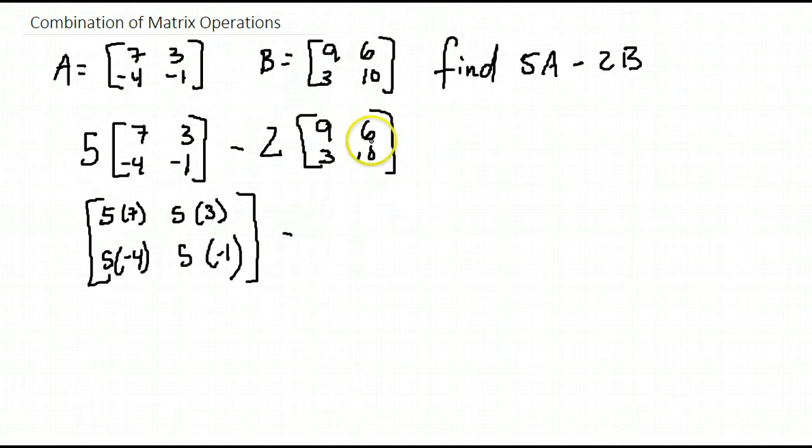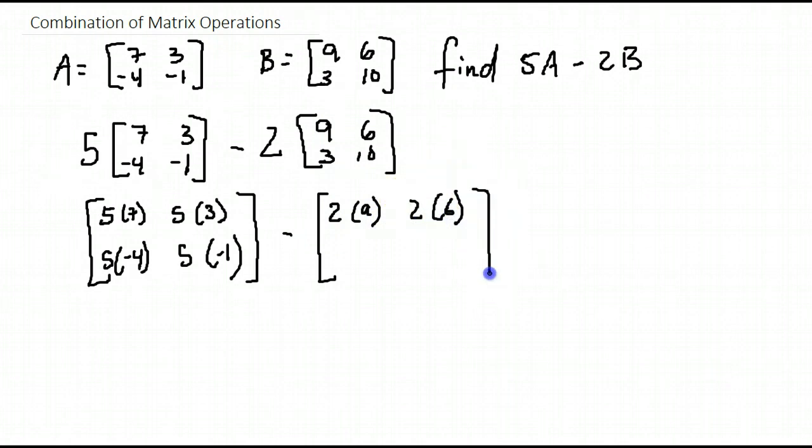Minus. Now let's distribute through the second one. So we have 2 as our scalar. So we have our first row is 9 and 6. So we get 2 times 9 and 2 times 6 as our first row. Second row is 3 and 10. So we get 2 times 3 and 2 times 10.